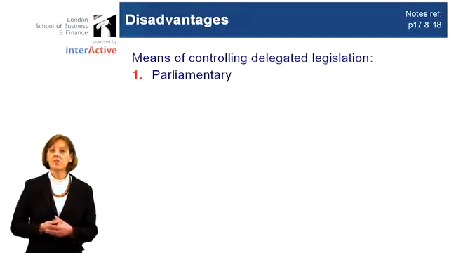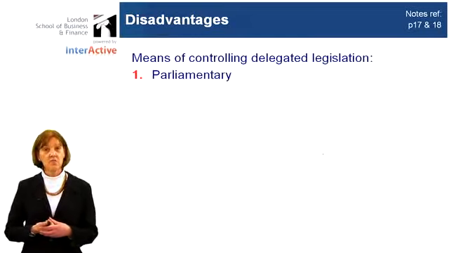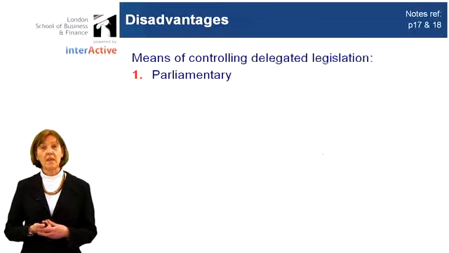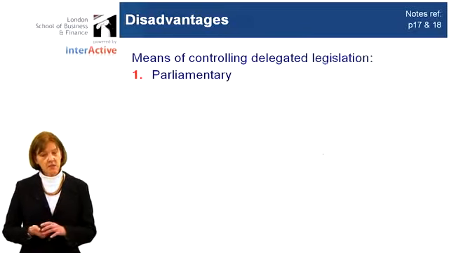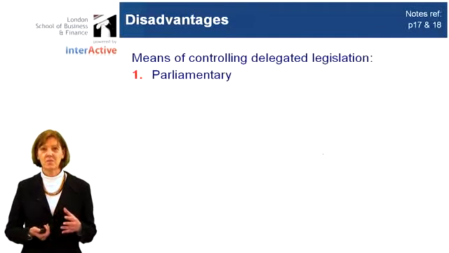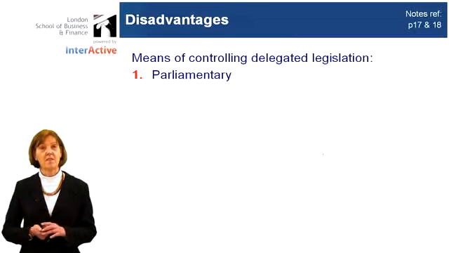There's also a joint scrutiny committee, joint of both houses, whose job it is to scrutinise draft statutory instruments, and if there's something wrong with them, they will return them to the minister, who presumably then remakes them. There's also the laying procedures, in that some statutory instruments, but not all, have to be laid before Parliament. This gives the MPs an opportunity to object to them if they so wish.